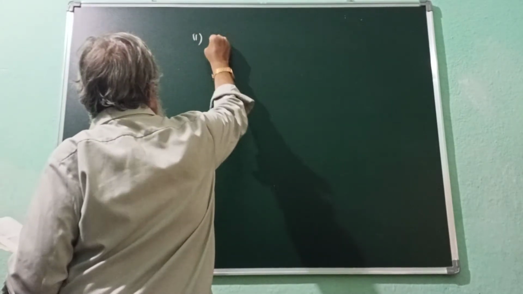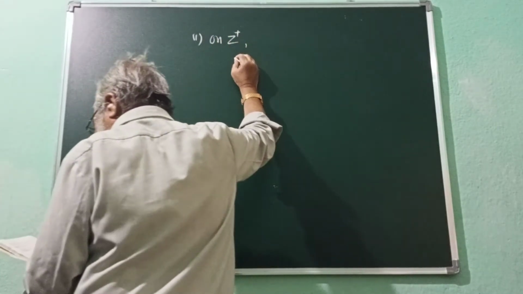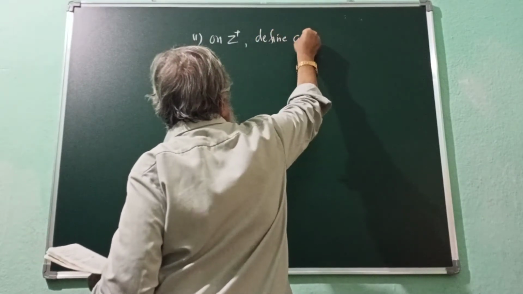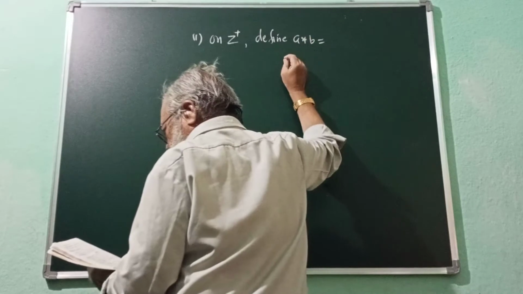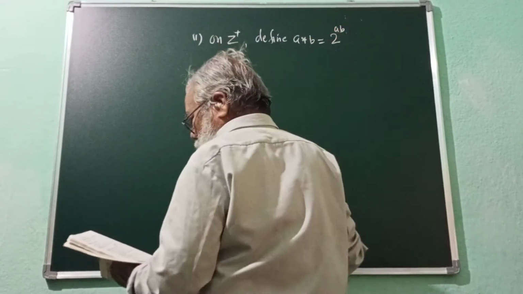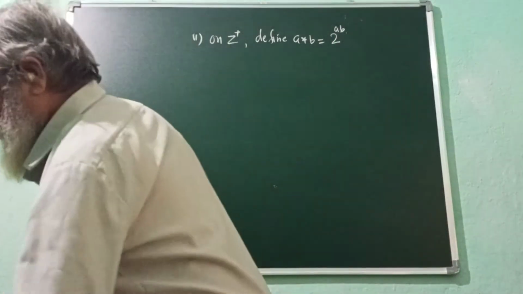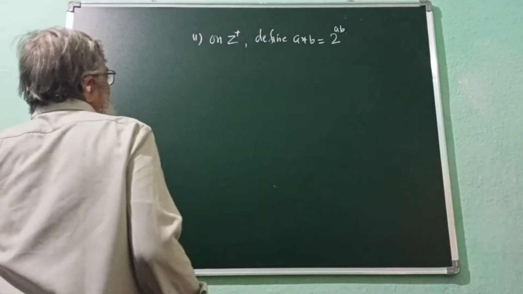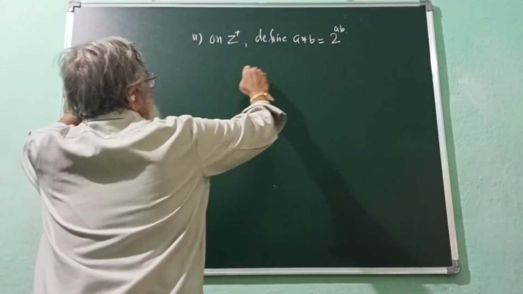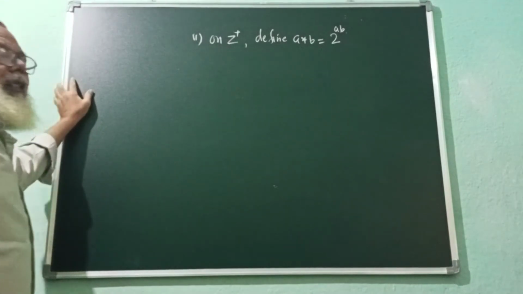On Z plus, define A star B is equal to 2 raised to AB. Every pair AB gives a unique number 2 raised to AB which is in Z plus.